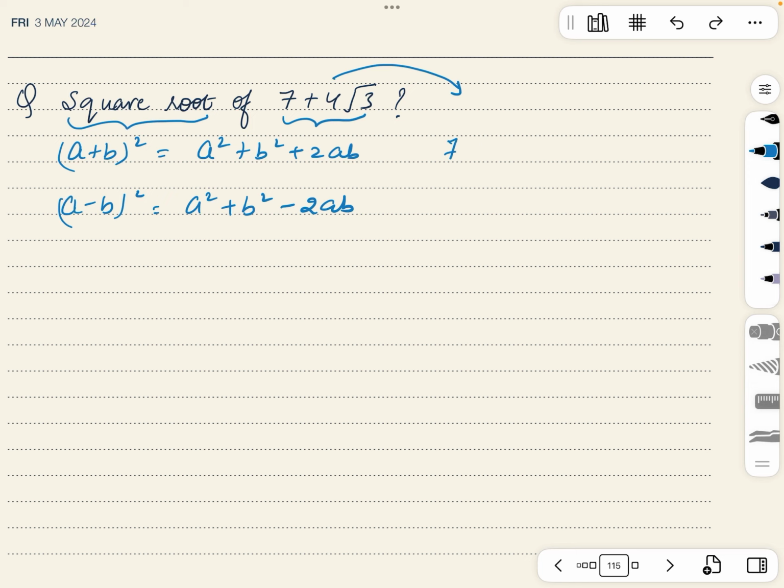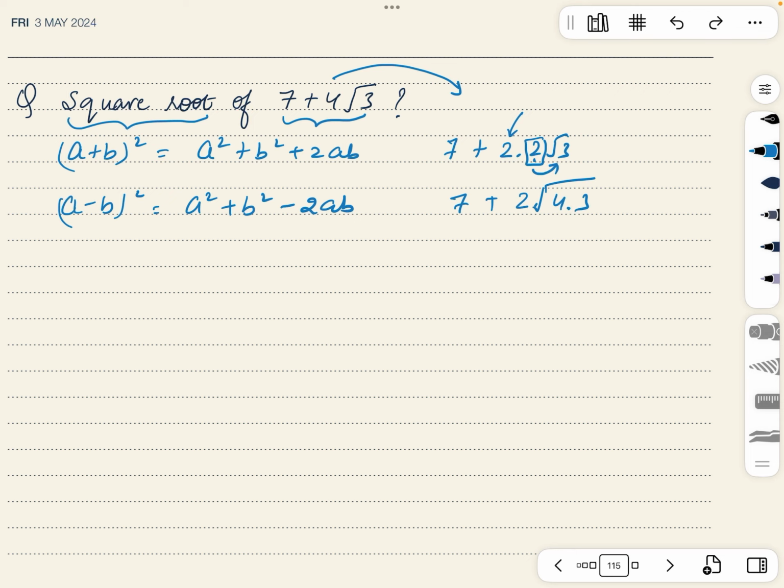So I can write 7 plus, now 4 root 3 can be written as 2 times 2 root 3. I would suggest to get rid of any other thing that is apart from 2. So take it inside of the square root. This will become 7 plus 2 under root of, if 2 goes inside of the root, it will become 4 times 3.